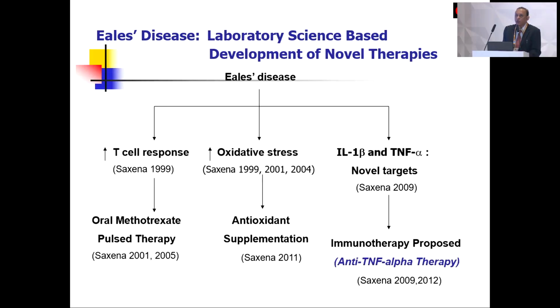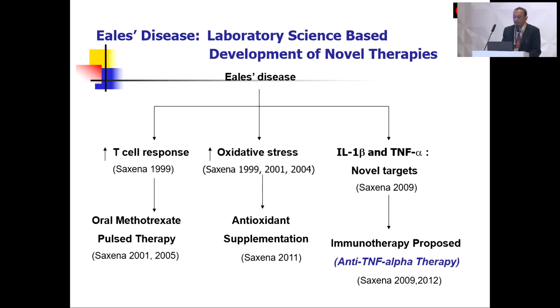What I've been able to do over the past 20 or 25 years is to translate our work into clinical practice. The laboratory science of ours has led to the development of novel therapeutic strategies in Eales disease. When we discovered an increase in the T-cell response, this led to the start of oral methotrexate pulse therapy, and that goes well. An increase in the oxidative stress led to the start of antioxidant supplementation, which I do regularly for these cases.